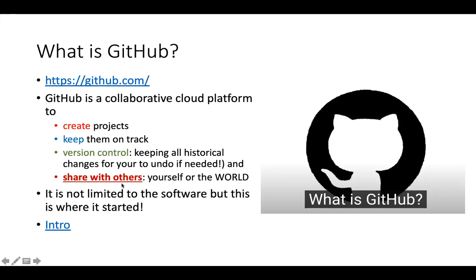Originally, if you dig into the history of GitHub, it started as a software development program, but these days it's not really limited to that. And it's not that unusual to see a lot of educational projects there. You can see lots of arts projects there, just because of that power of collaboration and accessibility.